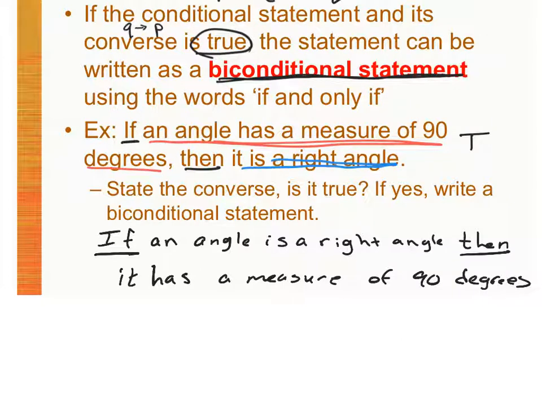Okay, so we made the converse there. Is that converse true? Yeah, a right angle definitely does have it. So if it is true, we are going to write it as a biconditional statement.